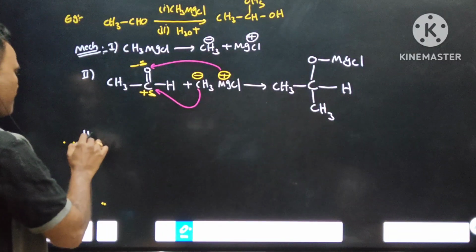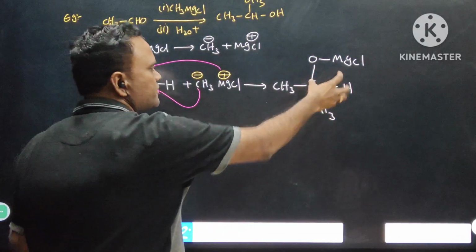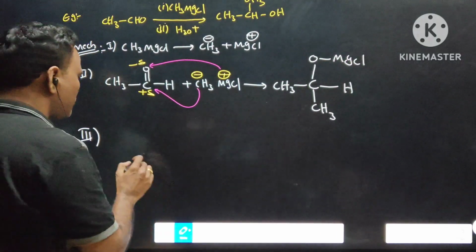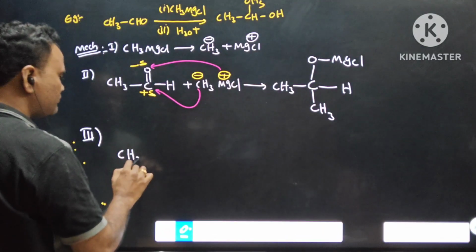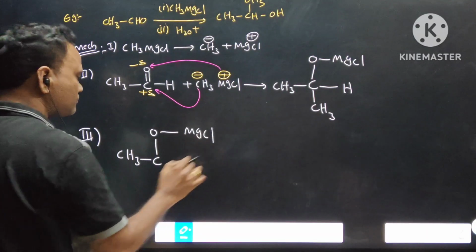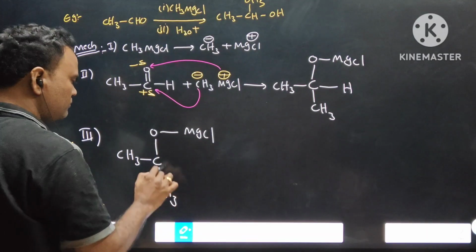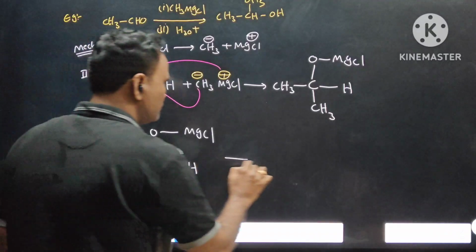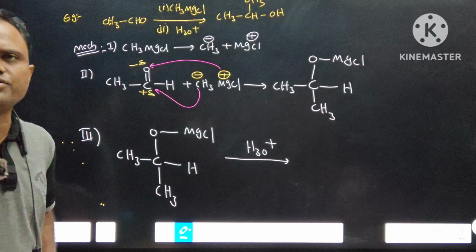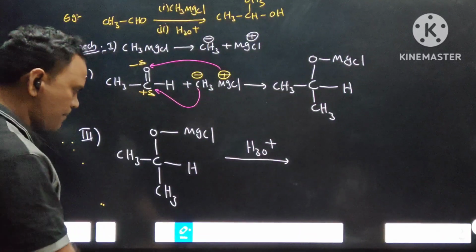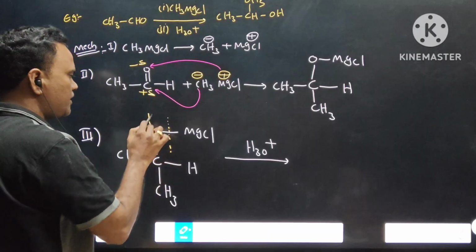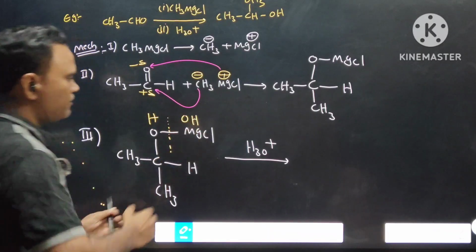Next, take this as it is and add water. H3O plus represents addition of water. H and OH, break this.